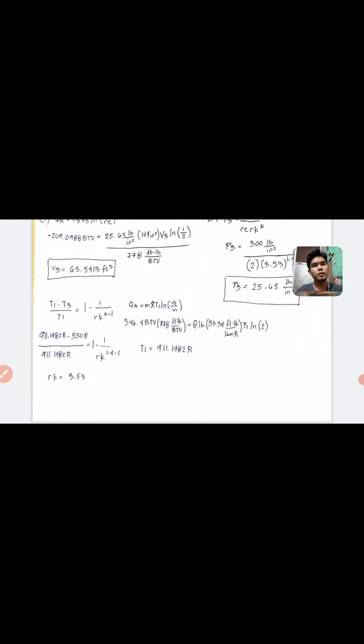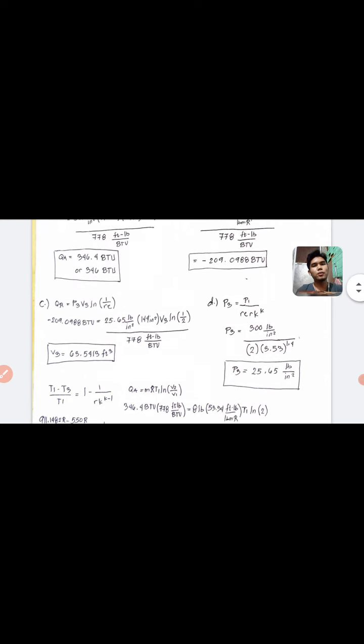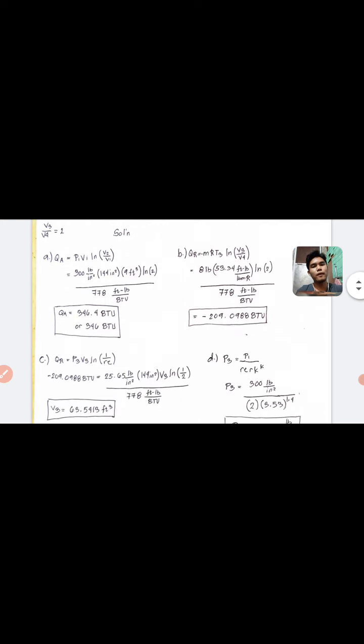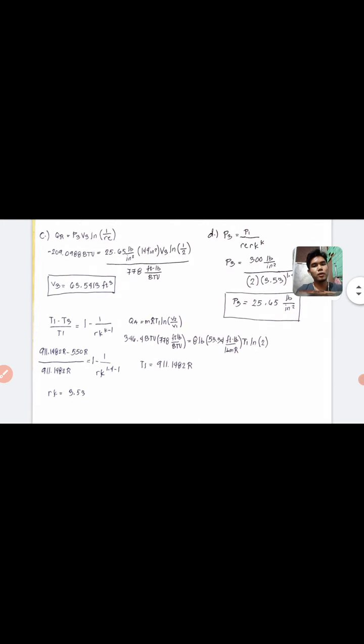Also here, using the formula QA is equal to MRT1 ln of V2 over V1. Since we don't have T1 in the given values, let's solve for it using the formula QA is equal to MRT1 ln of V2 over V1.